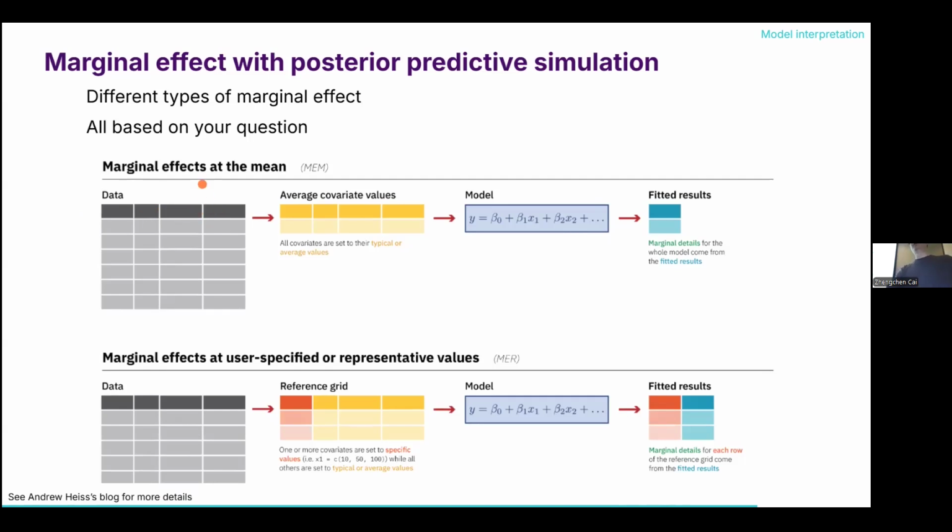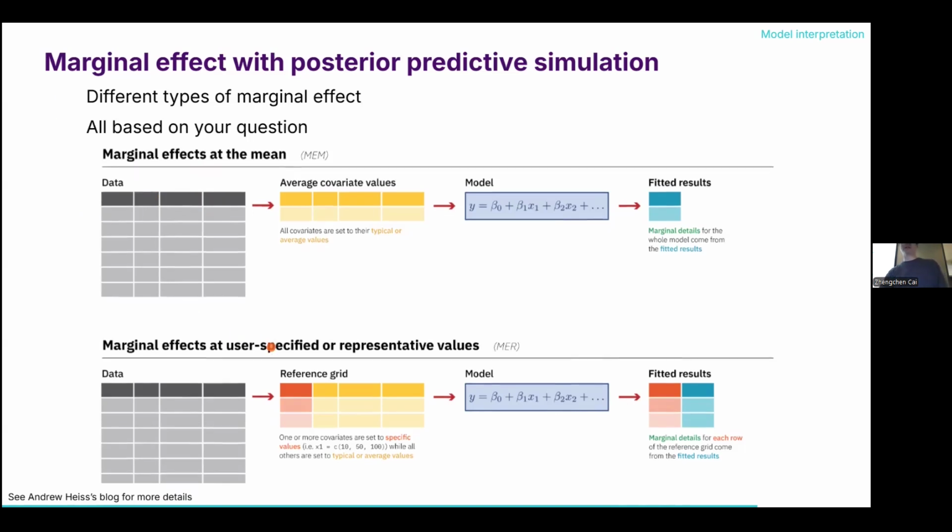And one simple marginal effect is you average your data. For all the continuous variables you average, you get the mean, representing the population mean, right? And for categorical variables, you select the most frequent one. So you end up with only one particular set of data. And put it through the model, you'll get a distribution representing the general effect at the population level, right?